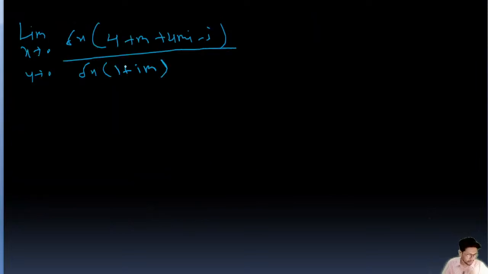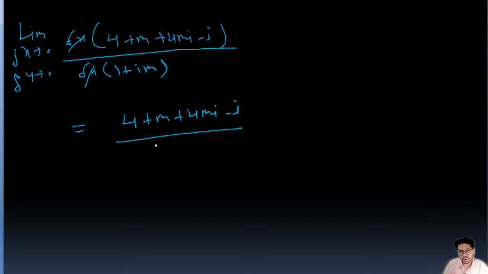Okay, so now this we will solve. Now we'll put x tends to 0, y tends to 0, delta x tends to 0, delta y tends to 0, right? This delta x is going to get cancelled, so the value is going to be 4 plus m plus 4mi minus iota upon 1 plus im.